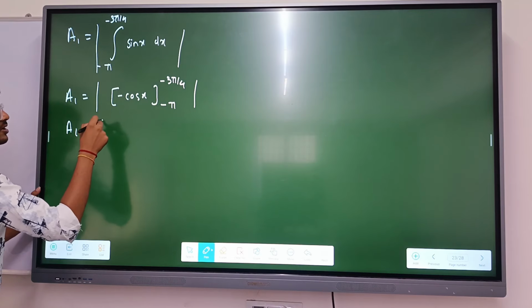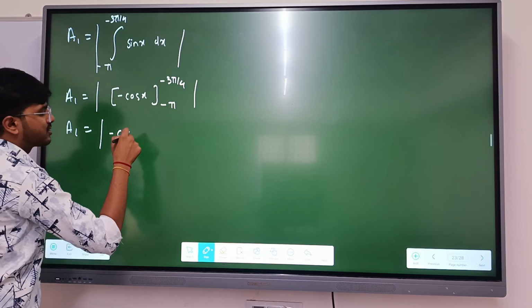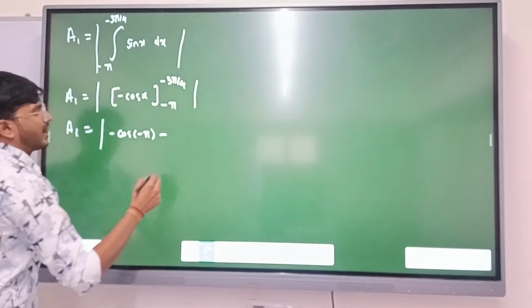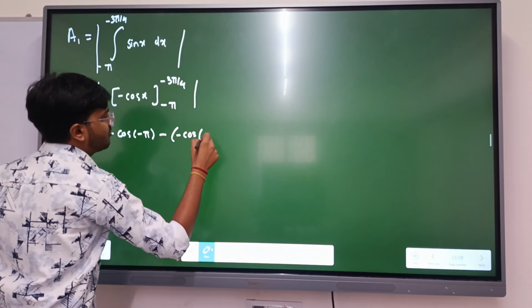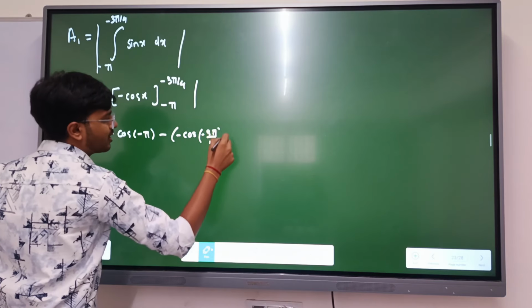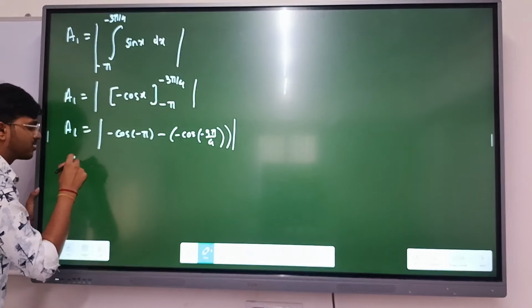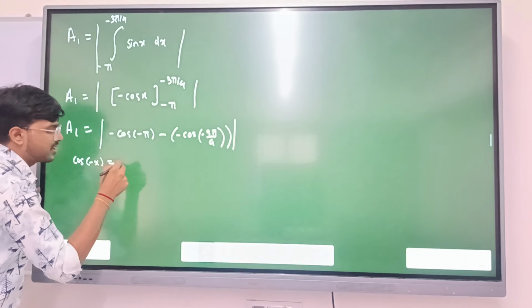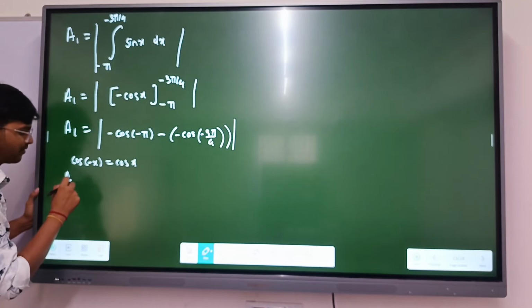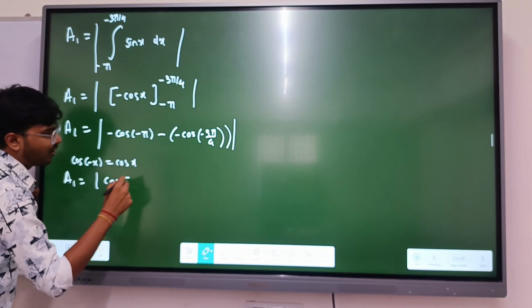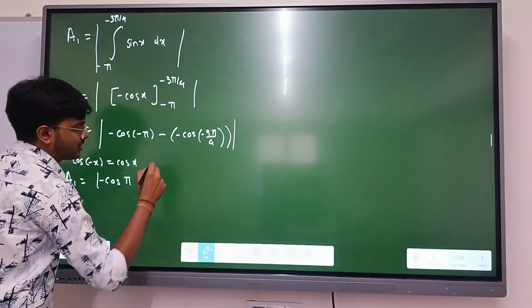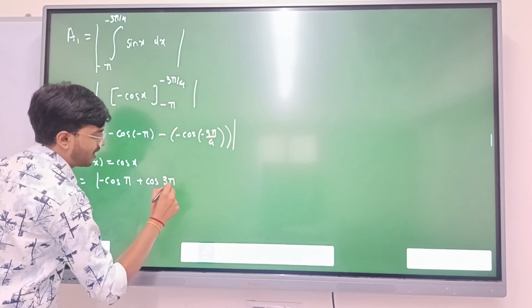So A1 is equal to, let's substitute the values, minus cos of minus pi minus of minus cos of minus 3 pi by 4. Now cos is an even function, so cos of minus x is the same as cos x. So A1 would be equal to mod of minus cos pi minus minus plus cos 3 pi by 4.